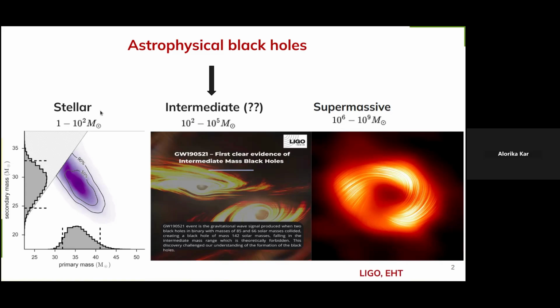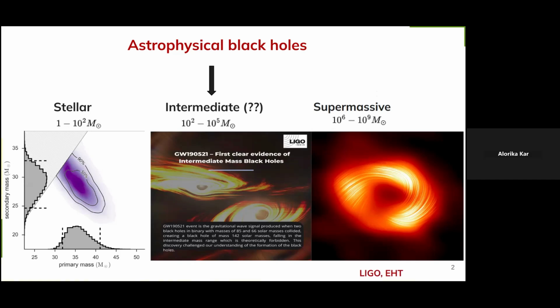And there is an elusive intermediate mass black hole range for which we do not have enough observations yet, but these are under theoretical predictions that they might be present, and we have a few events which fall under the lower end of this intermediate mass range. We think that when future detectors come up, we will be able to detect more of these intermediate mass black holes.